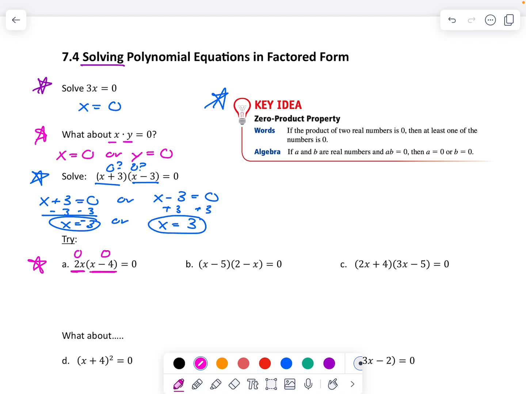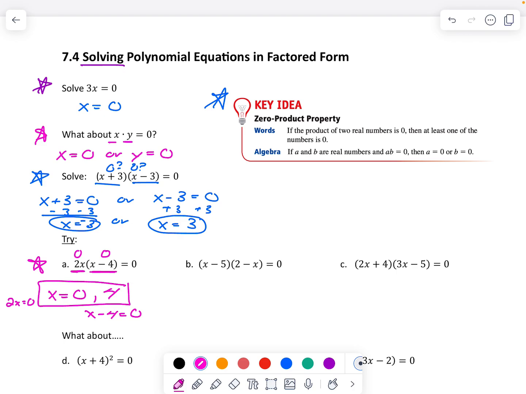Well, for the first factor to be 0, x has to equal 0. For the second factor to equal 0, x minus 4, if x is 4, 4 minus 4 is 0. So you don't have to write it out. You don't have to write out 2x equals 0 or x minus 4 equals 0 and solve it.